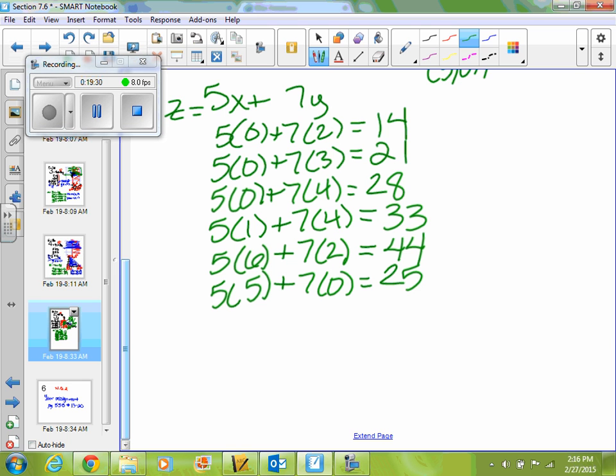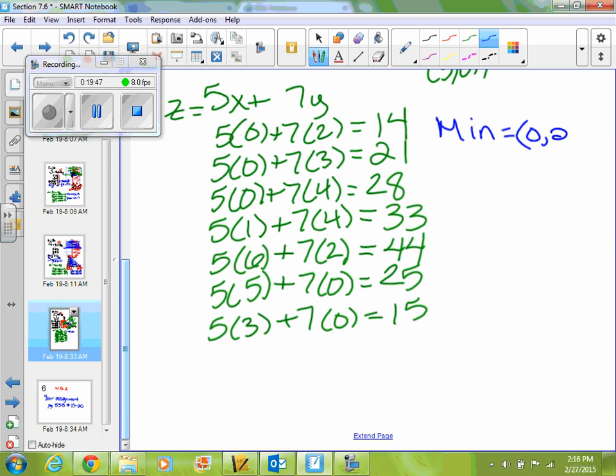And then the last one is 3, 0, so 5 times 3 plus 7 times 0, which gives me 15. Okay, so which one's my min? 0, 2. And what's my max? 6, 2.